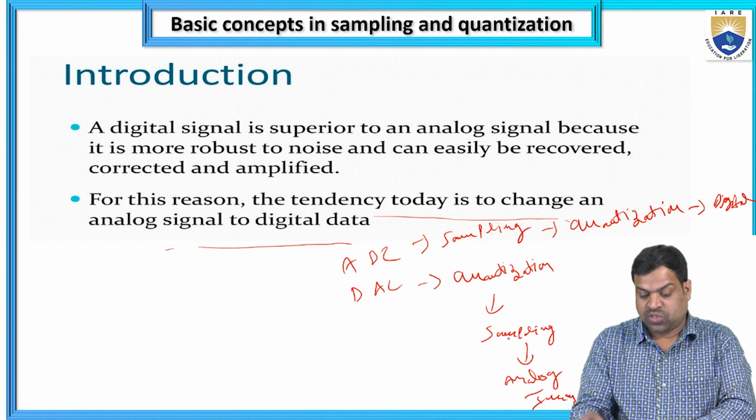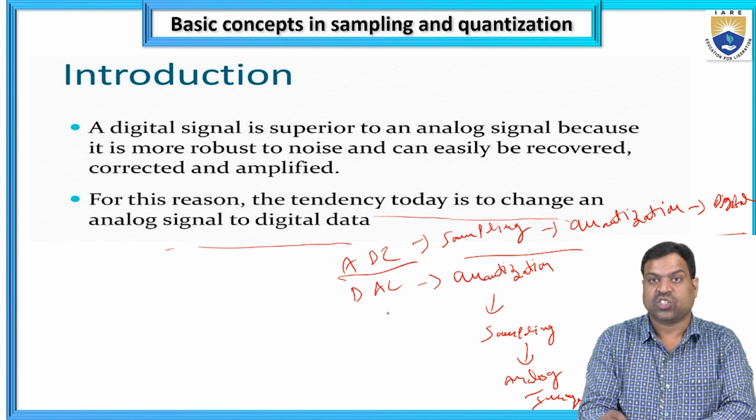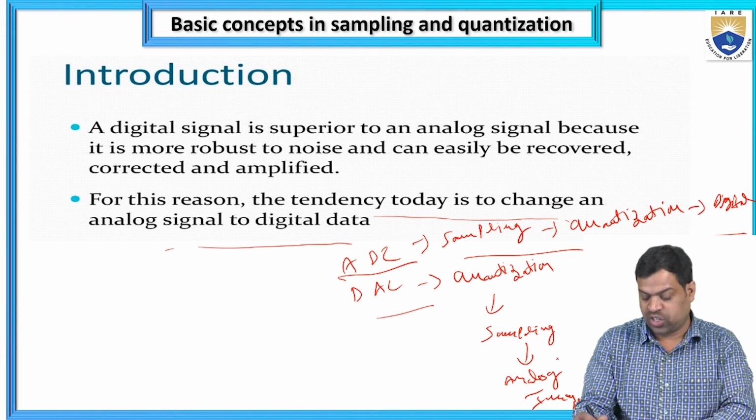It is an analog image. So ADC means sampling, quantization and the digital output. DAC means digital image, quantization, sampling. The output is an analog image.